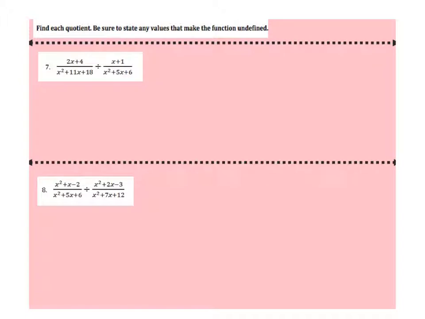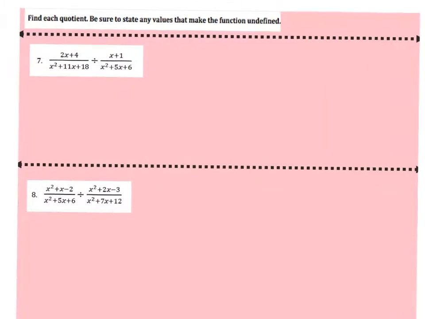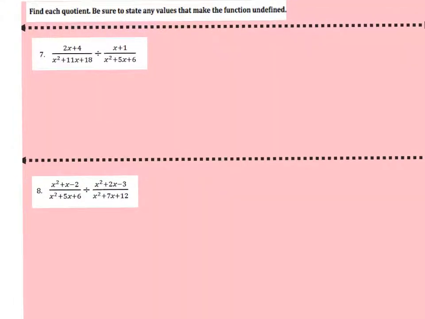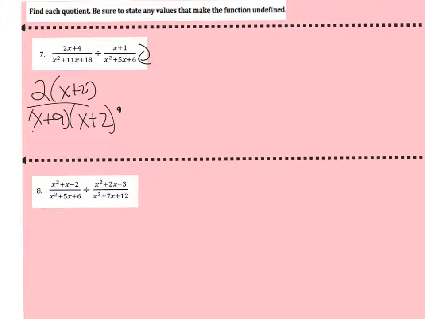So things get a little trickier here. So now factoring 2x+2 over, this is going to be (x+9)(x+2). And again, if you need to take a minute and factor that, do it. So now I flip-flop these. So on the bottom I have x+1. On the top I'm actually going to have (x+3)(x+2).